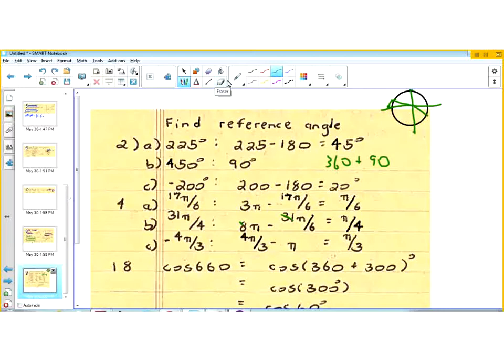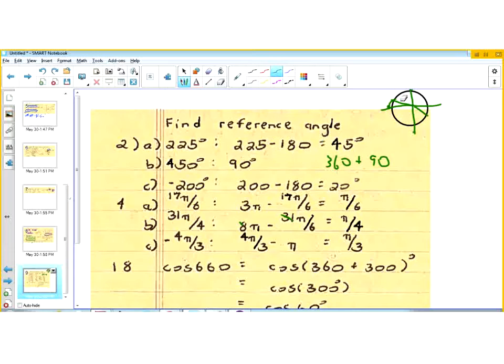Let me see what the book has to say. Doesn't say much, really, about how to deal with negative numbers.